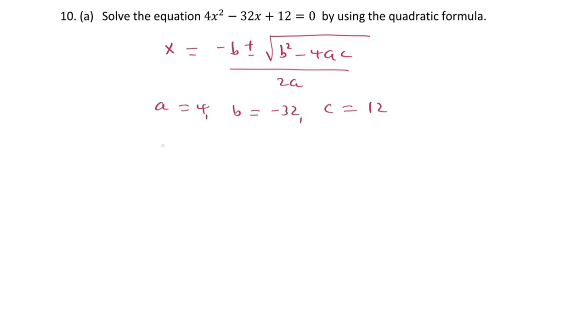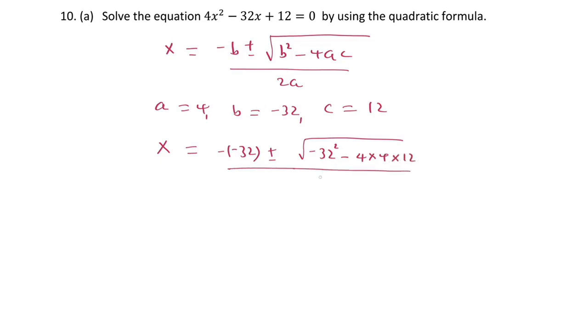Let us now substitute these values into our equation. We are going to have x equals negative of negative 32 plus or minus the square root of negative 32 squared minus 4 times 4 times 12, over 2 times 4. Solving this, we are having x equals 32 plus or minus the square root of 832, over 8.